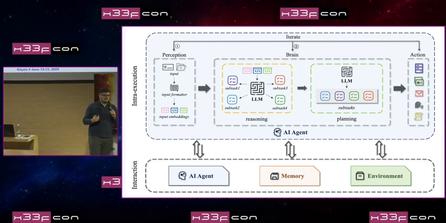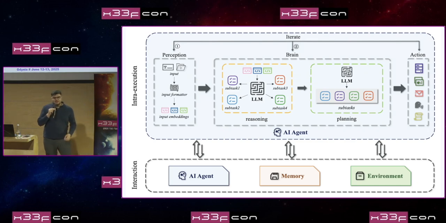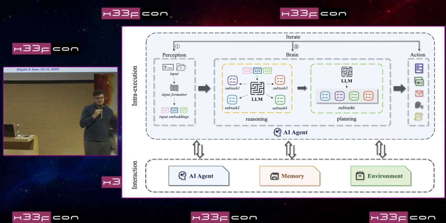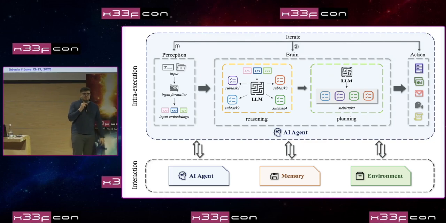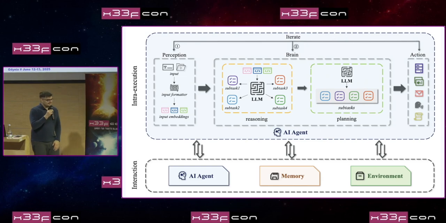It will plan ahead the next action, and then it will use the third category, which is action, so using tools, outputting text, to affect the environment. What an agent can meet in its environment can be other AI agents, stored memories that it uses to facilitate its tasks, or the rest of the environment, so basically the universe around us.